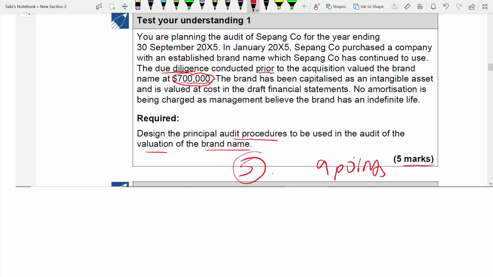So you need to understand 3 things, I told you: audit evidence, the assertion that you are going to test, and what else? Procedure.